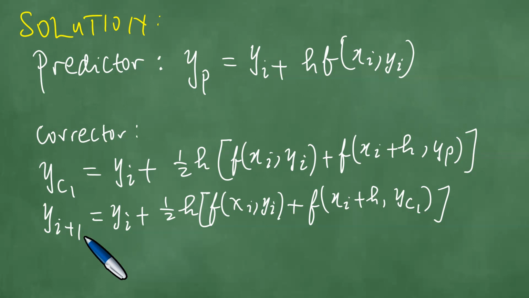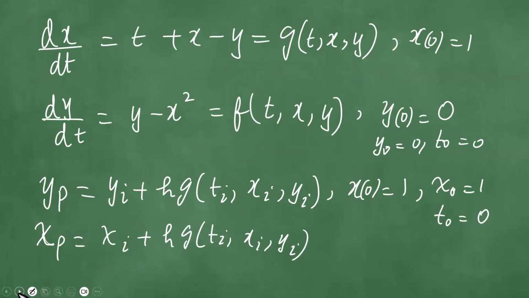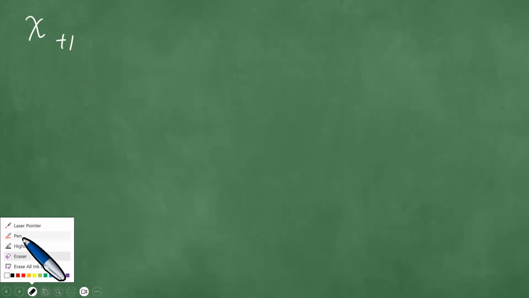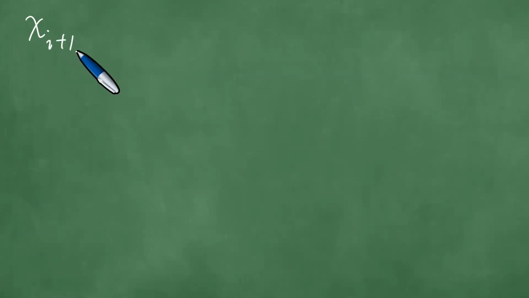What are we able to get here? You need the x_{i+1}. Let me write it as i+1, corrector 1. You can write it as just x_C1; y_C1 is what I wrote earlier.